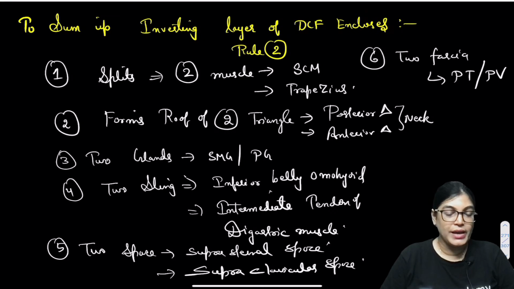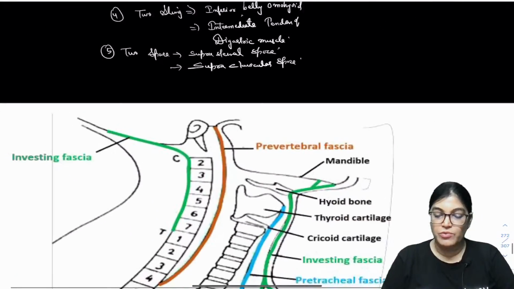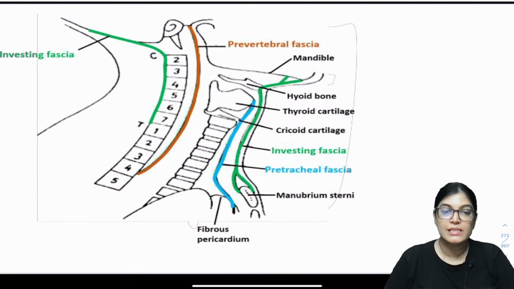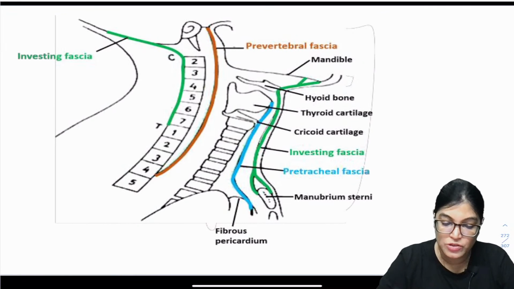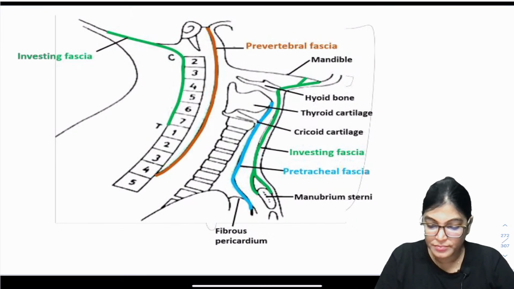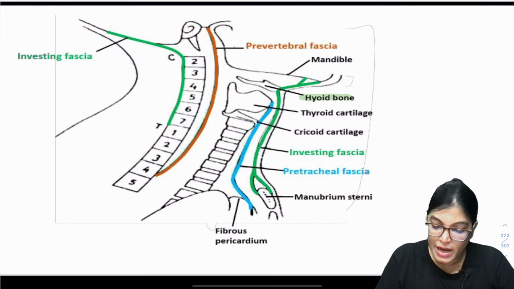So, this is how we have done with the investing layer of deep cervical fascia. Now, moving on to the next. Before that, I would once again like to show you the investing layer of deep cervical fascia in this diagram. Here is a very clear picture. It is attached to the hyoid bone.